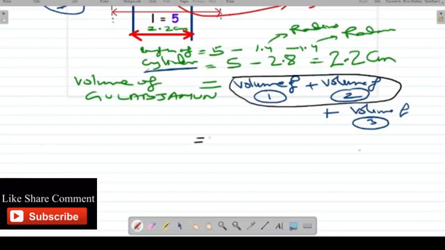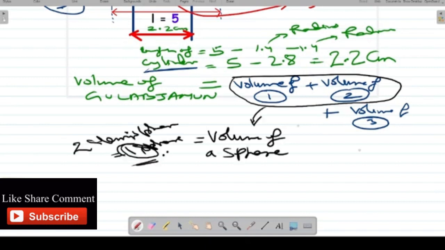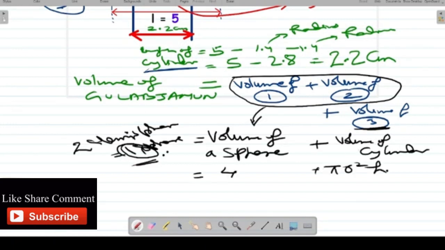This will be the volume of a sphere, because two hemispheres equal one sphere. Therefore, the volume will be given as the volume of a sphere plus the volume of part 3. What is the volume of part 3? This is the volume of the cylinder, and you know the volume of a cylinder is pi r square h, and the volume of a sphere is 4 by 3 pi r cube.